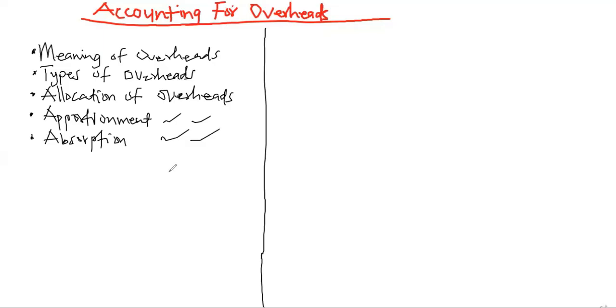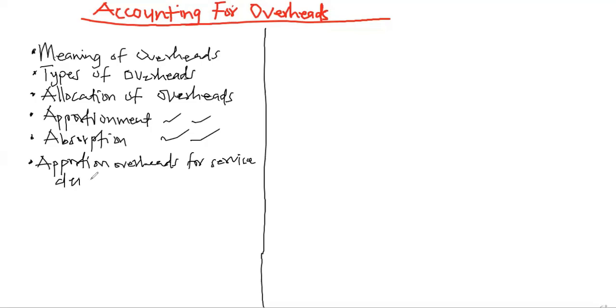Then we look at the apportionment of overheads for a service department.